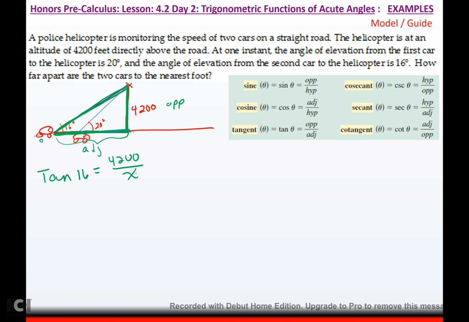Okay, so to solve this, I'm going to have to multiply by x. That gives me x times tan 16 equals 4,200. To get x alone now, I'm going to divide by tan 16. And x equals 4,200 divided by tangent of 16. And I get 1,000.